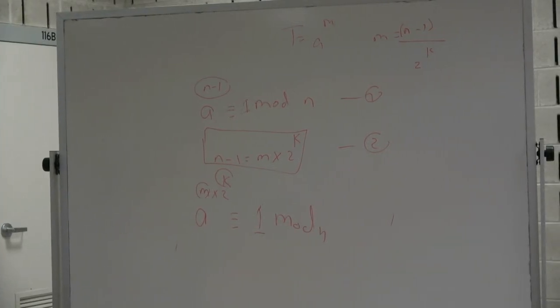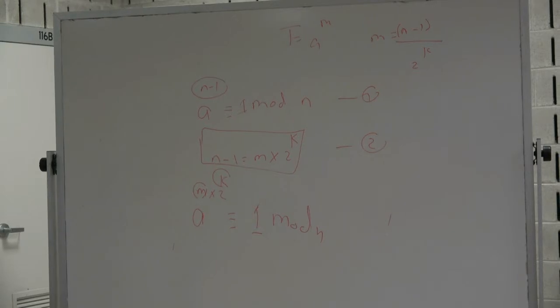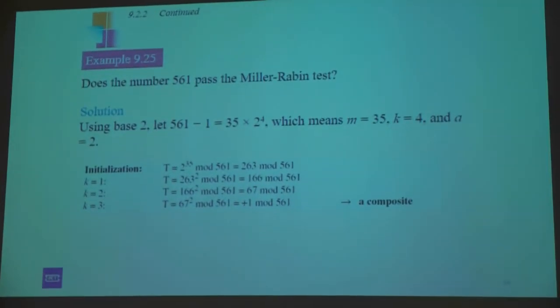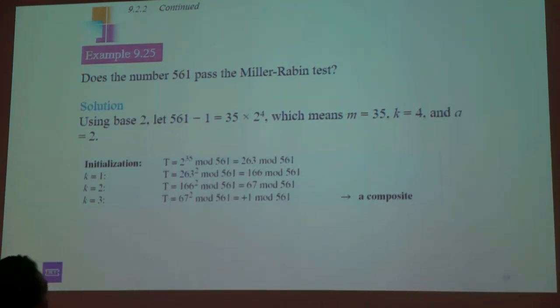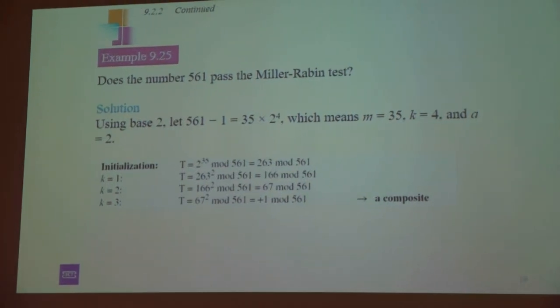Anyways, let's take an example. Take a look at the example here. I think we have to look at the algorithm a little bit closer. Using base 2, does the number 561 pass the Miller-Rabin test?